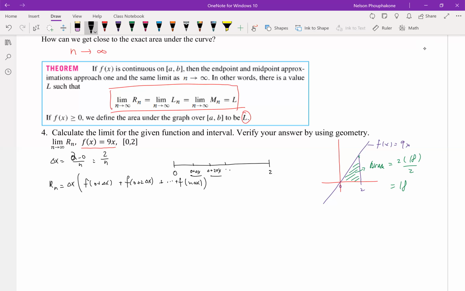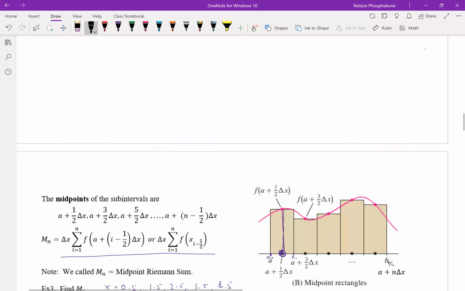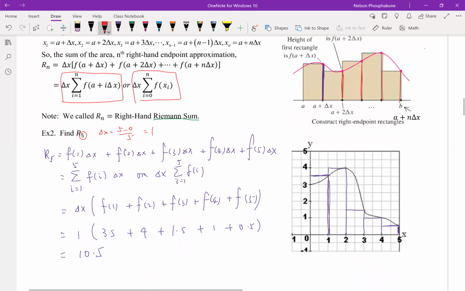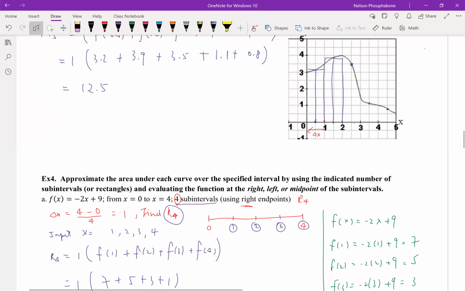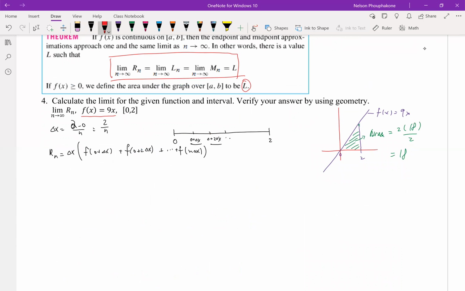Okay. Now remember in this case, we are going to work with the right endpoint. So let's see the formula here. We could use either this one or this one. Let's write this out. Which is actually easier?